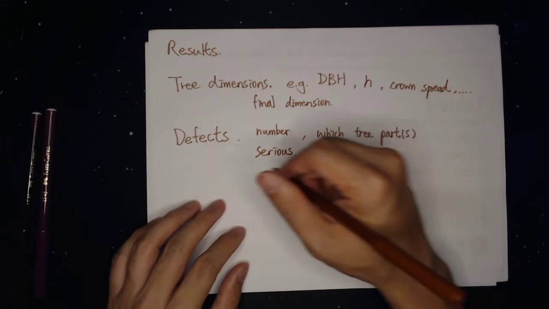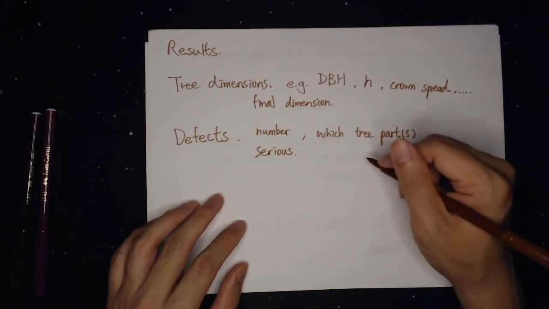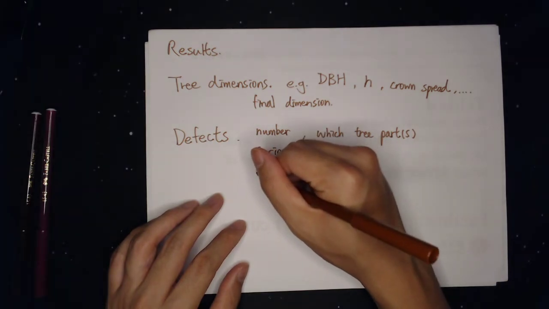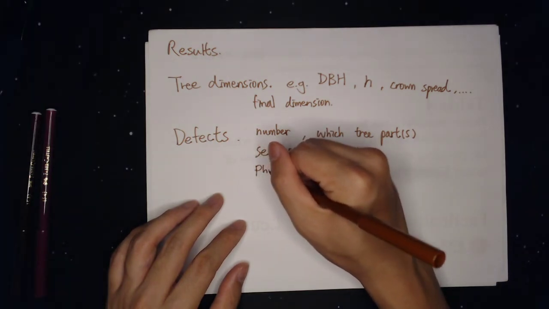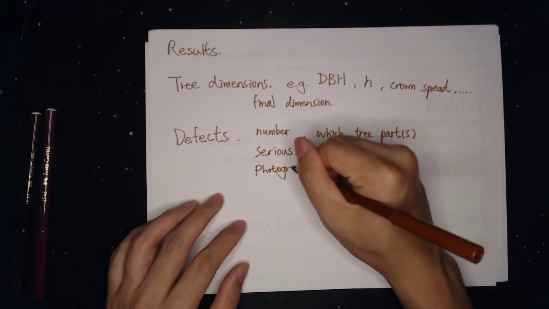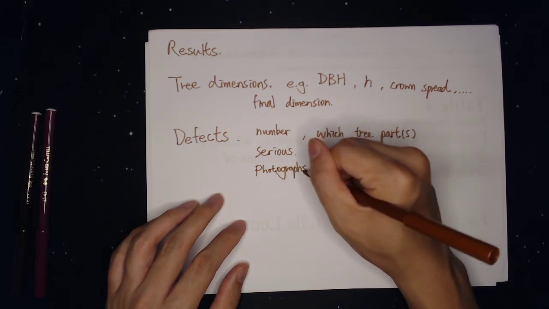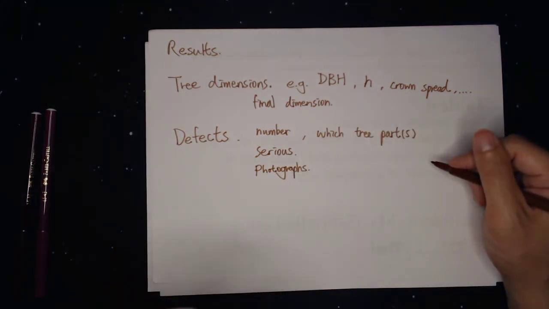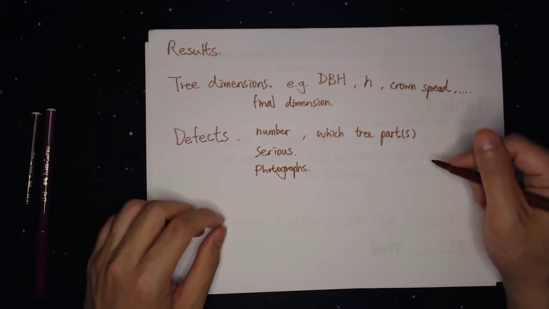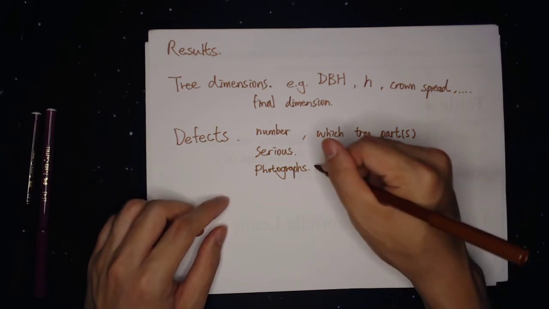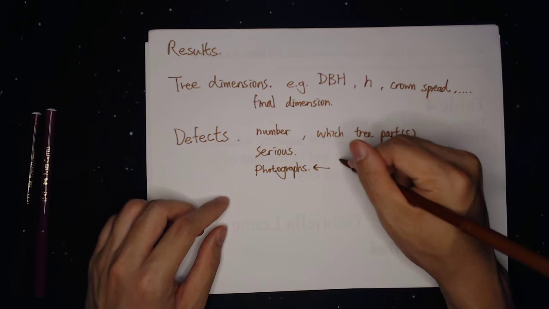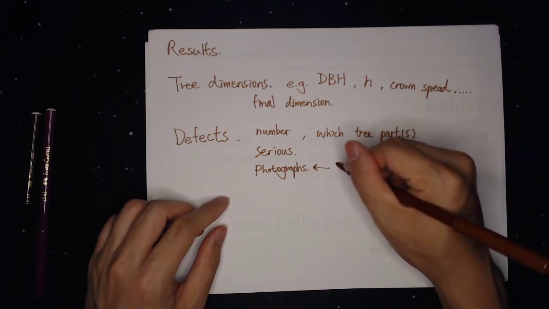And remember, if you come across defects that you really want to show me, then you can take some pictures or include some photographs in your individual assignment. Remember one thing, for each photograph, you must give me a proper caption.